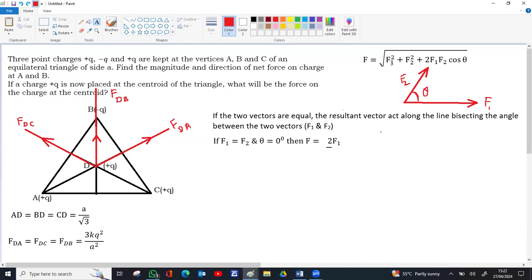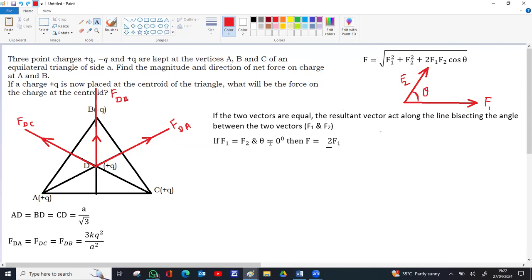Or you can apply the formula: F1 square, F1 square, 2 F1 square, and cos 0 is 1, so 4 F1 square, and root of 4 F1 square is 2 F1. So if two vectors are equal and the angle is 0, it will be just double of that. Or if the angle is 0, you can always simply add the vectors.